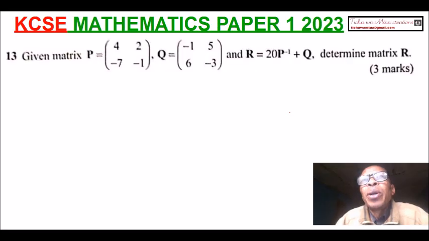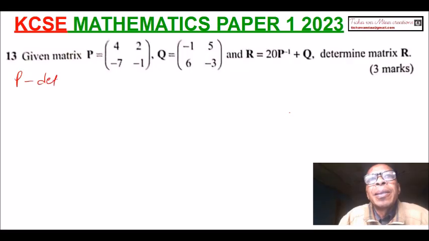How do we get the inverse of matrix P? So if we take P, the determinant of P, you cross multiply: 4 multiplied by minus 1, and you subtract 2 multiplied by minus 7.